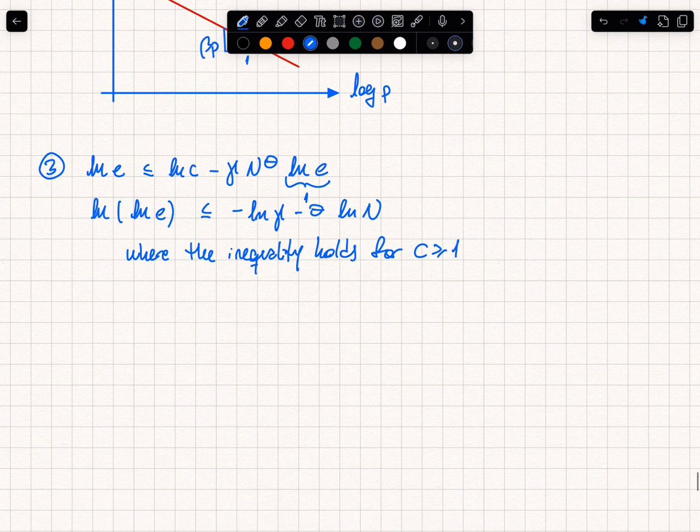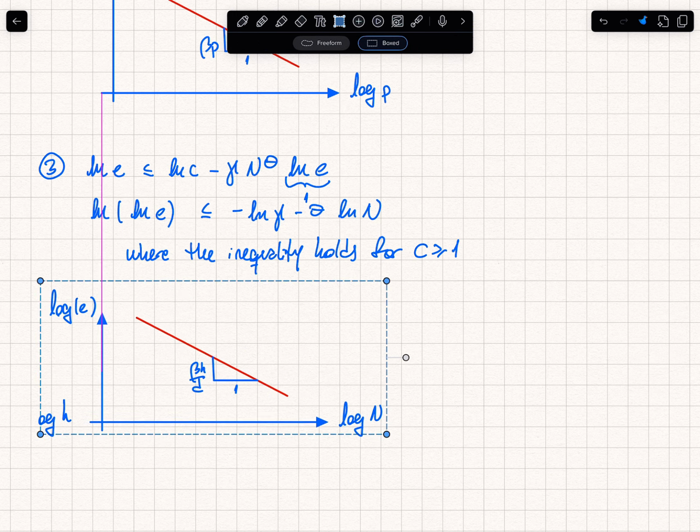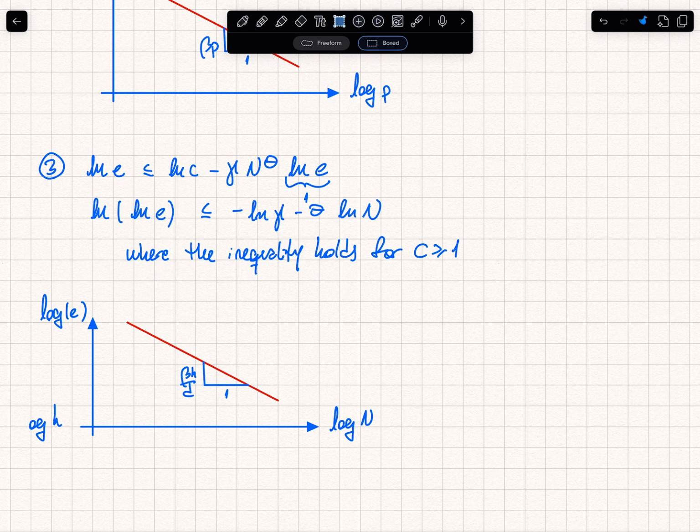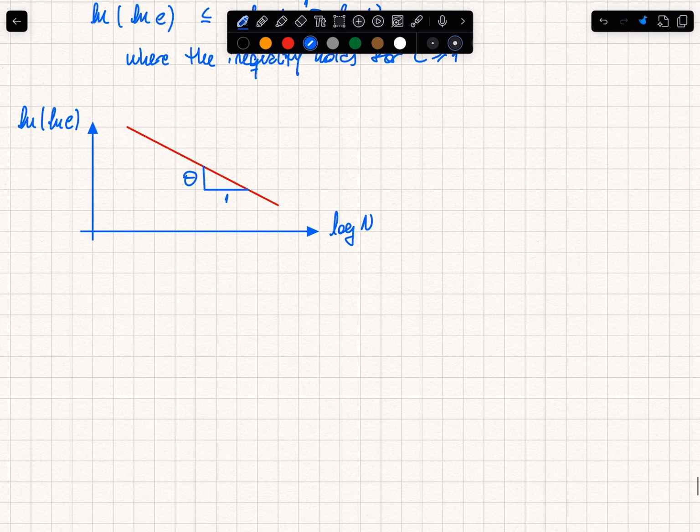Then I can write it like that, and for that case I express my solution like this. Basically, let me get rid of that. Now here I am plotting not the log of E, but the log of log of E. So I apply the log twice, and then this guy here is theta, which is the other constant.